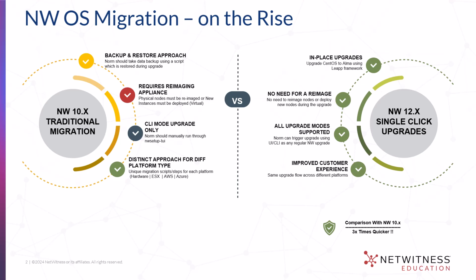It also required the appliance to be reimaged in order to boot up with the new OS. Only CLI mode of upgrade was supported during that migration, and each different platform, like hardware, ESXi, AWS, and Azure, required a separate set of migration steps and independent scripts, and each of those was handled separately.